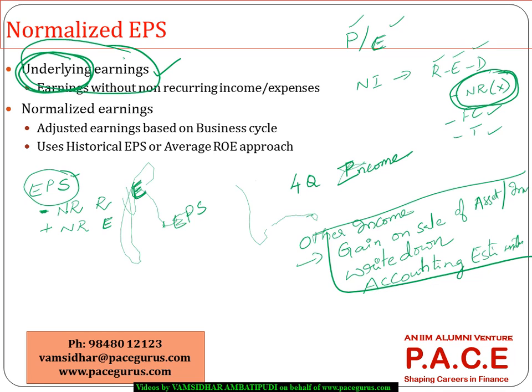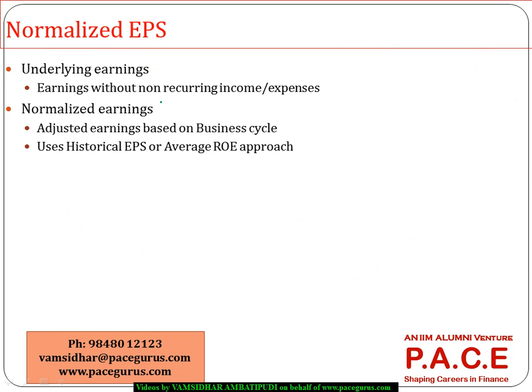Once this underlying EPS is arrived at, we can do the normalization of the EPS. For that, there are two mechanisms that are being suggested. In the first, I take the historical EPS average.